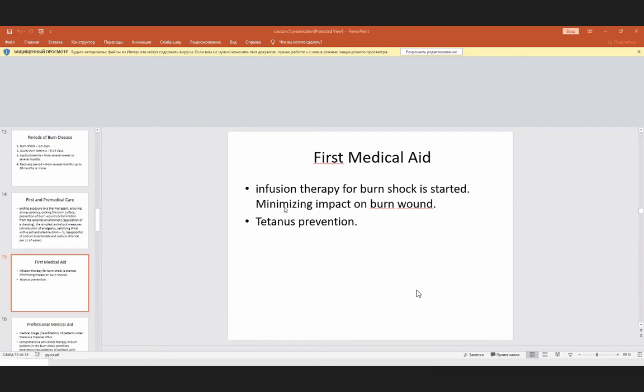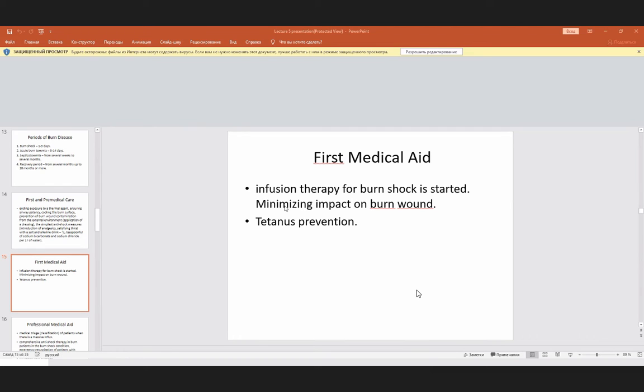In the case of extensive burn and burn shock, infusion therapy is conducted using the 20 formula. In the first 8 hours after the injury, the fluid volume is determined by adding 20 to the burn area.